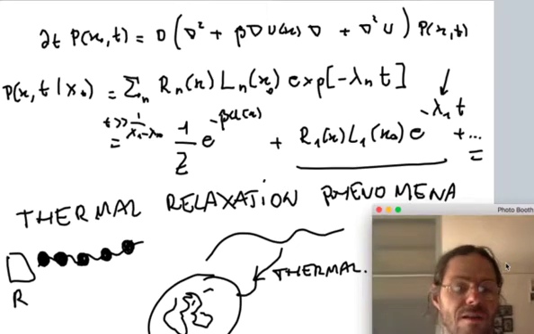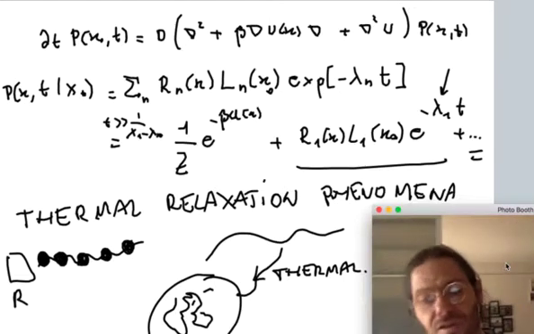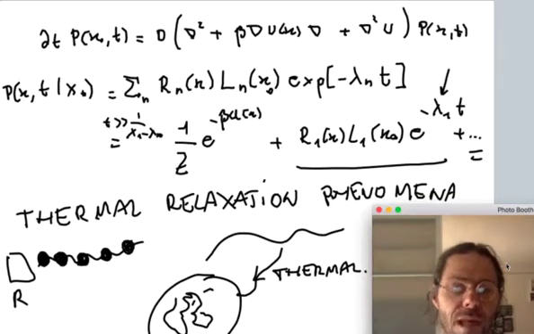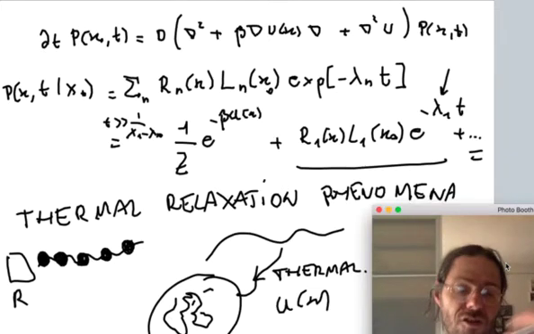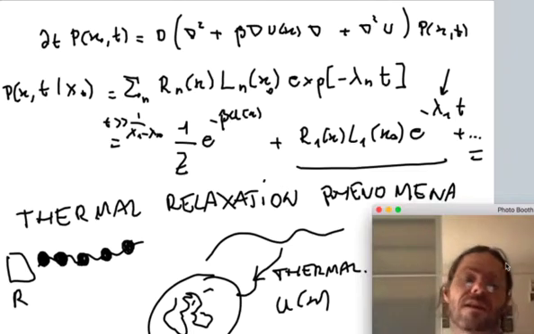Because disordered systems typically have an energy surface, a potential energy U of x, which is characterized by the existence of many, many barriers. And due to the existence of many barriers, there are long relaxation times, and there are multiple timescales associated with local equilibration and global relaxation.